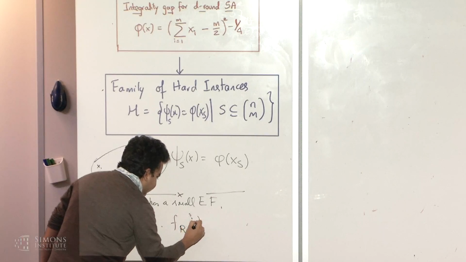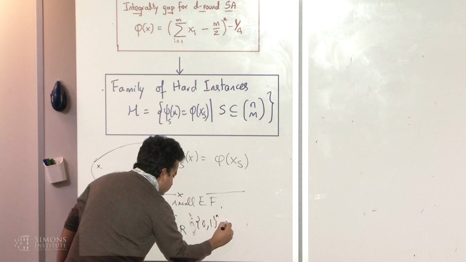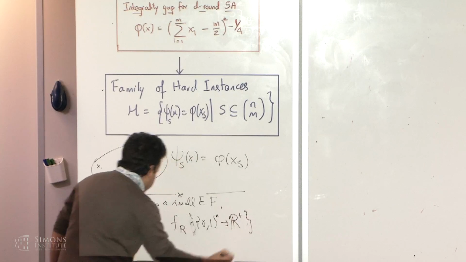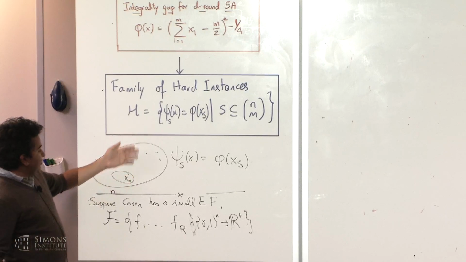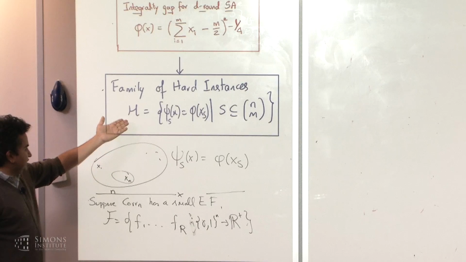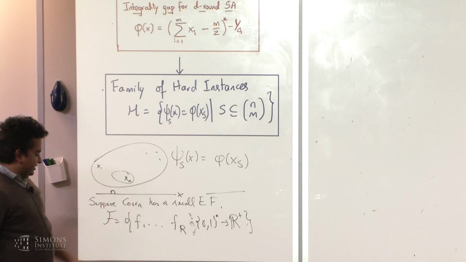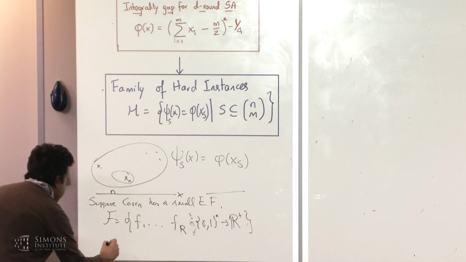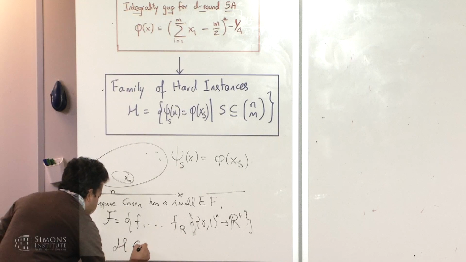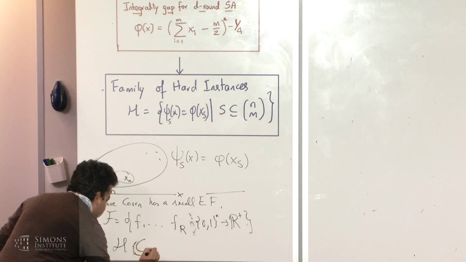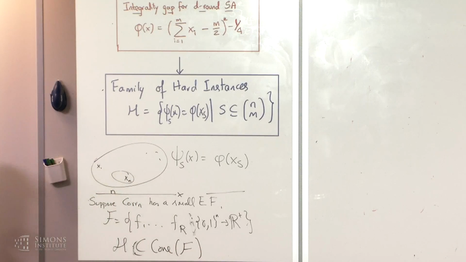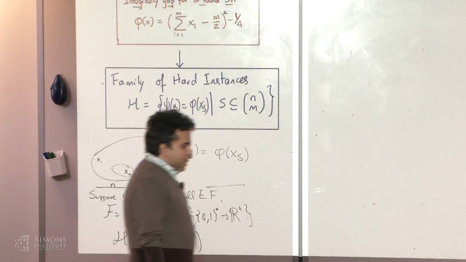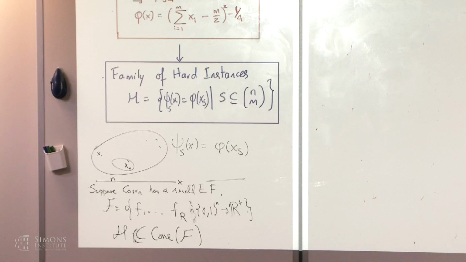So these are, let's say, non-negative functions on the hypercube. You have a family of functions on the hypercube that can express everything. In particular, it can also express these hard instances. So what is true is that H is in the cone generated by F. This is clearly true.